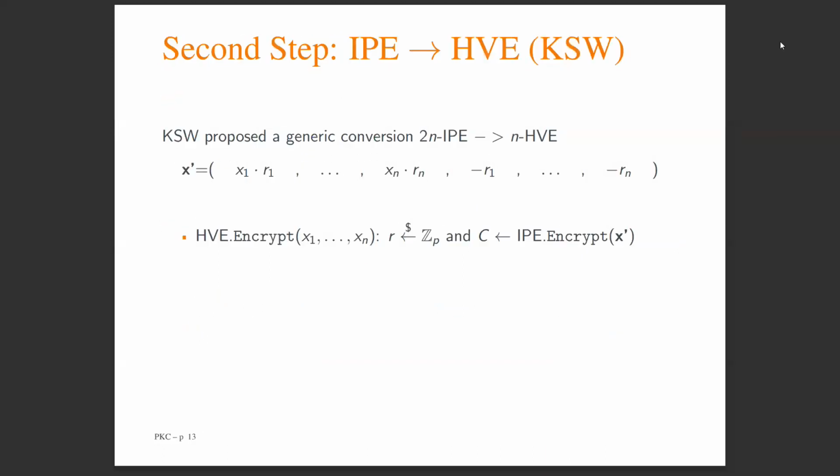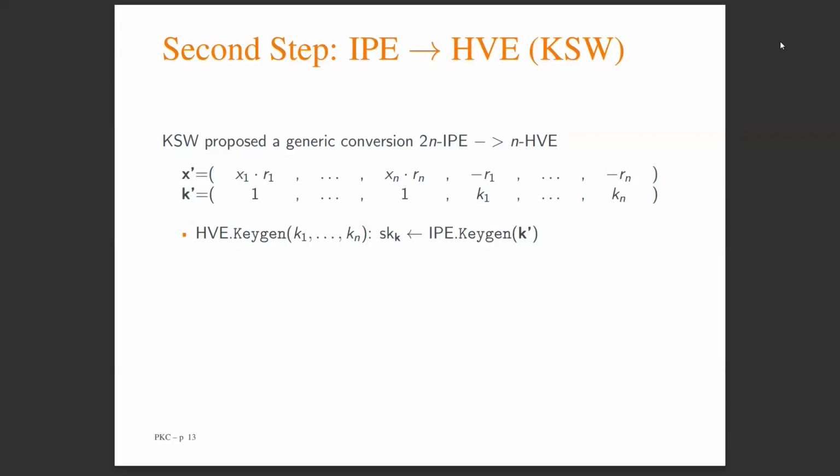Now, if we look at the transformation from inner product encryption to hidden vector encryption, PKC Waters propose this transformation, which consists in doubling the size of the encrypted vector by adding some randomness R. And similarly, they increase the size of the vector associated to the secret key by adding some 1.